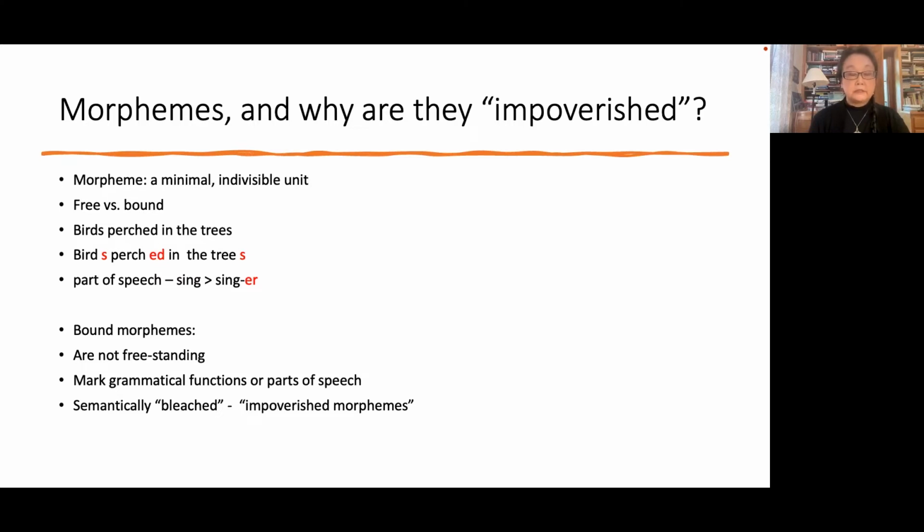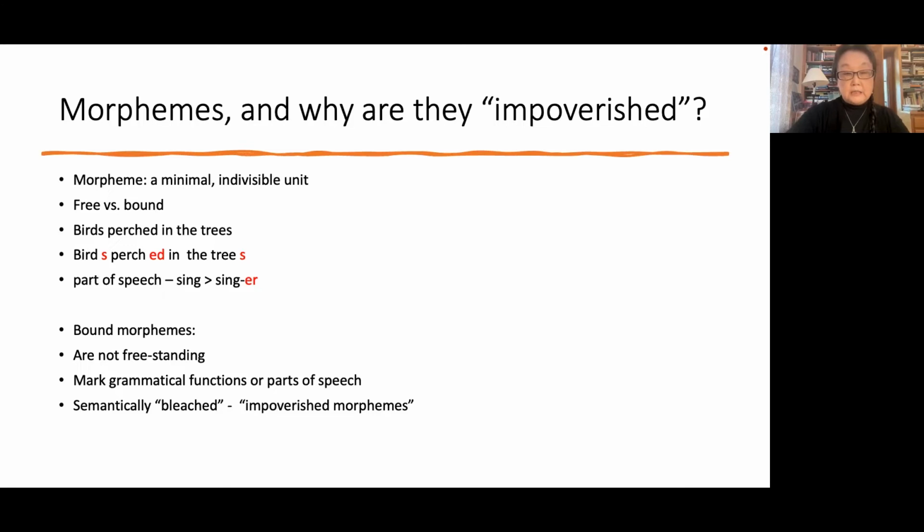It's a grammatical morpheme. A morpheme can be used to create other parts of speech. So from the verb "sing," you can produce "singer," from a verb to a noun, an individual who sings.